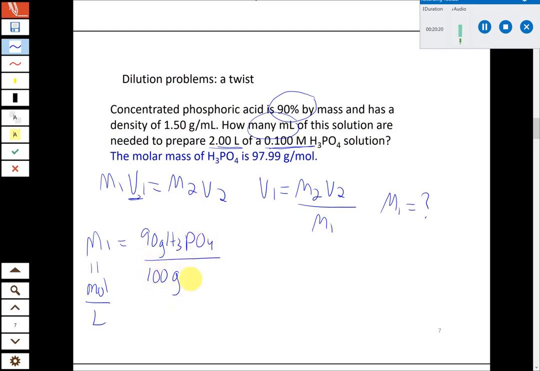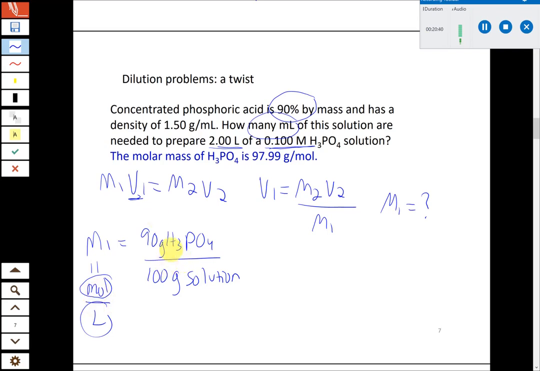So that's another way of writing mass percent. Remember that percent is per 100 grams if we're talking about mass percent. So this is what we're initially given, a ratio that's 90 grams of phosphoric acid per 100 grams of solution. What we have to do is convert the numerator to moles and the denominator to liters of solution. And if we do that, that will convert this number into molarity.